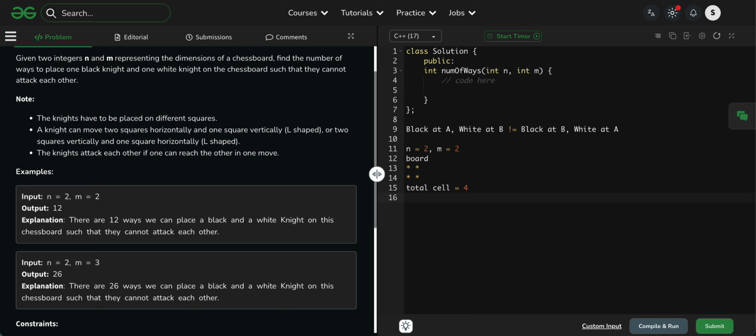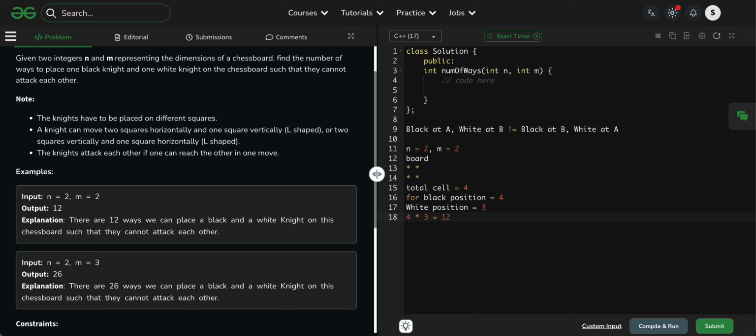For black, the position count is 4 and for white the position count is 3. Now 4 into 3 is equal to 12. So that's the reason the answer is 12.